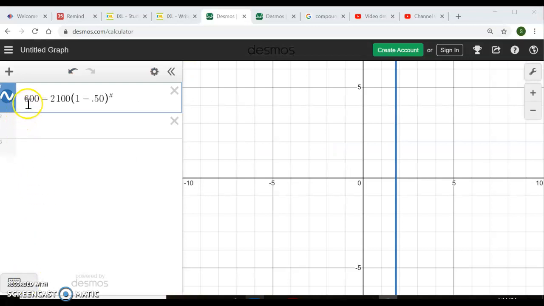I've already typed the equation. 600 equals 2,100 times the quantity 1 minus 0.50 raised to the x power into Desmos. And when I go to the graph and click on the x-axis, I'm looking for the x-intercept.